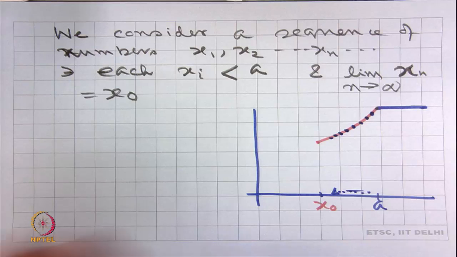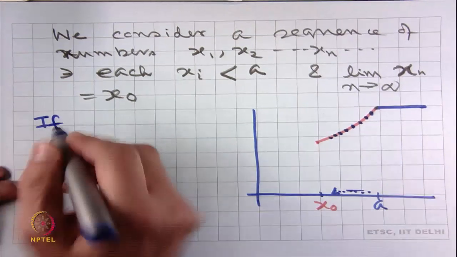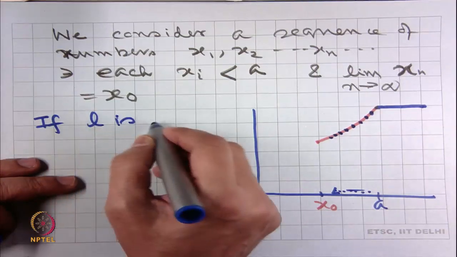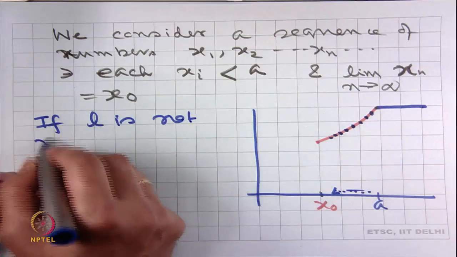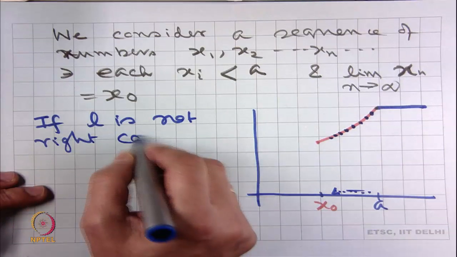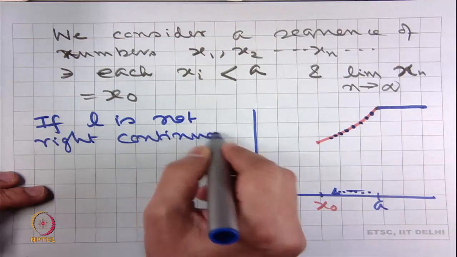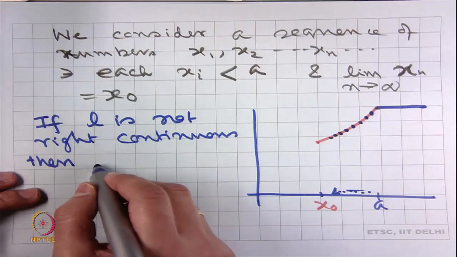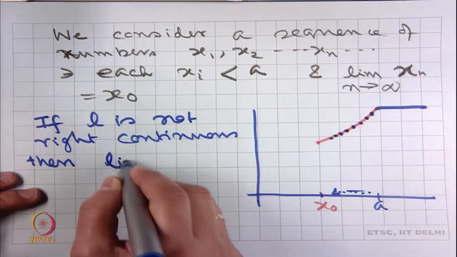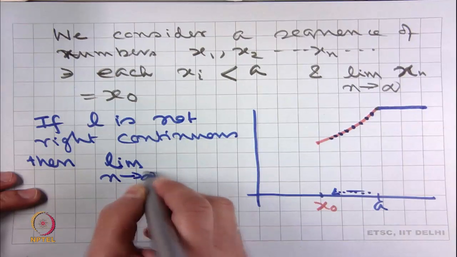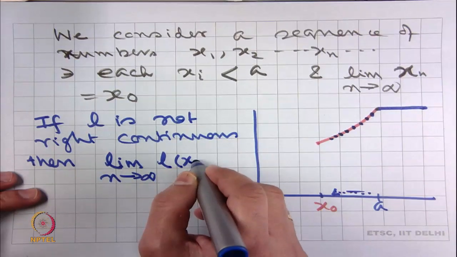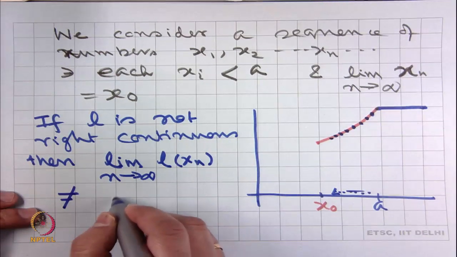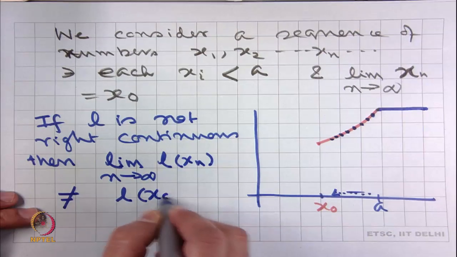So, if L is not right continuous, then for such a situation the limit as n goes to infinity of L of x n is not going to be L at x naught.